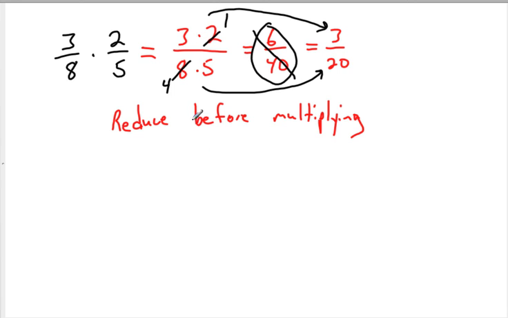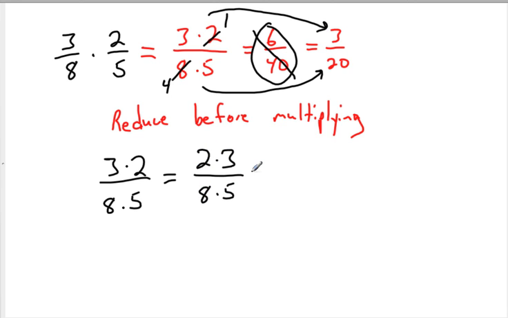Let me show you why this works. So we have 3 times 2 over 8 times 5. Now, because of the way multiplication works, 3 times 2 is actually the same as 2 times 3. So it doesn't really matter whether the fractions we were multiplying were 3/8 times 2/5 or 2/8 times 3/5, right?